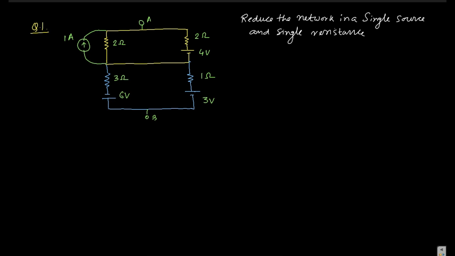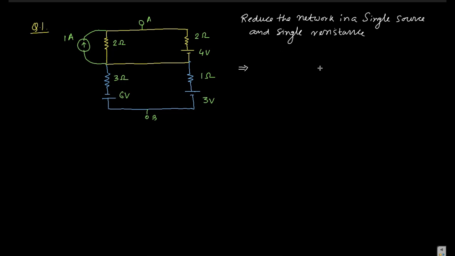You have to make them a single source and single resistance. So what should we do? As the first step, we should convert the voltage sources into current sources. Why we are not going to change the current source into a voltage source, I will discuss that.